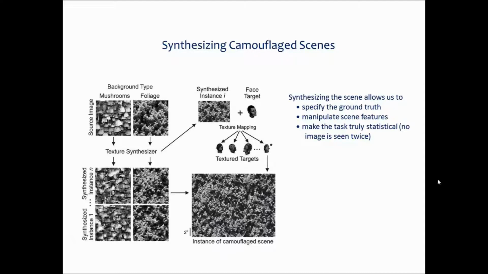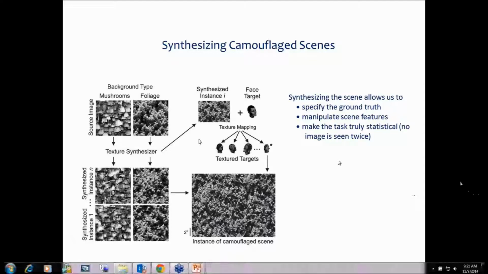And it makes the task truly statistical in the sense that the subjects never see the same image twice, so they cannot do the task by remembering any of the pixels or episodic details of the image. They have to learn what's common about the background.